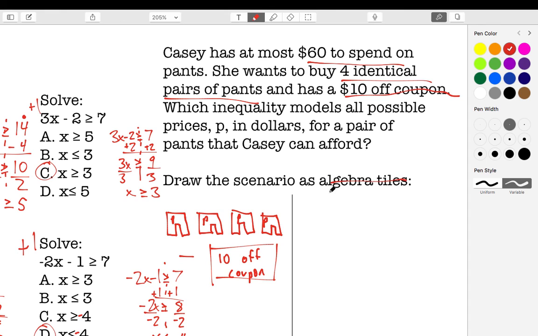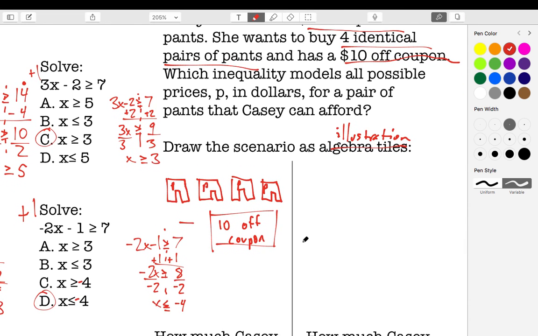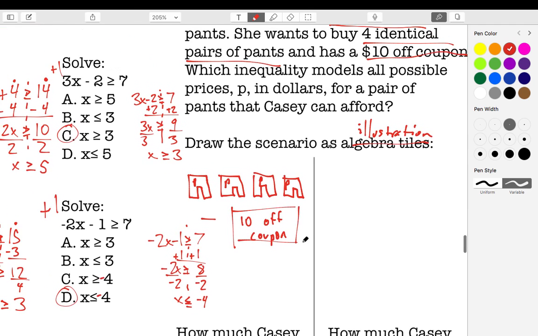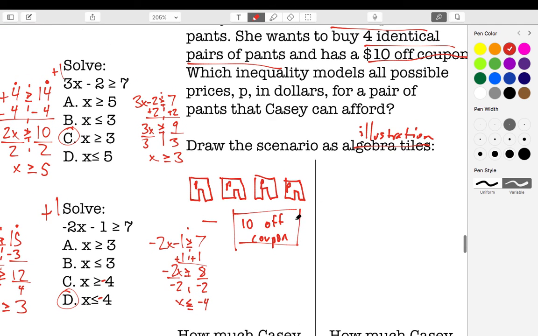Should have told you to cross out the algebra tiles because we're just doing an illustration, as I was talking about yesterday. If they did do algebra tiles, then that's fine, as long as they have 4 of these, and then minus the 10.